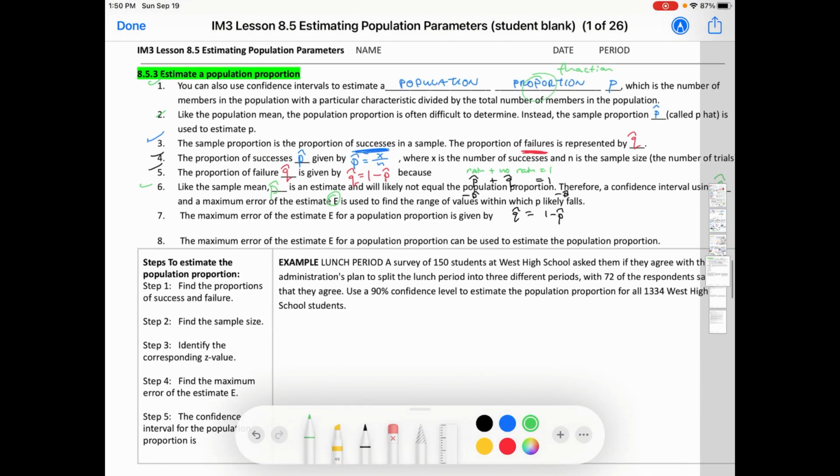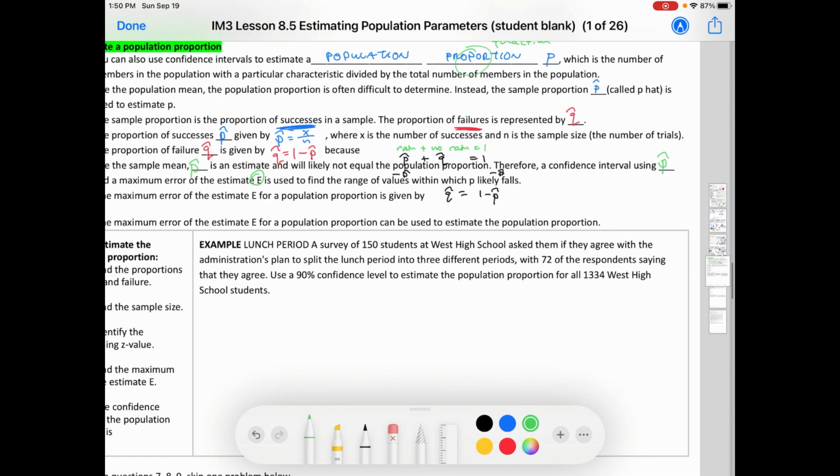Number 7. Here's the formula. The maximum error of the estimate E of a population proportion is given by E equals Z, seen that before.